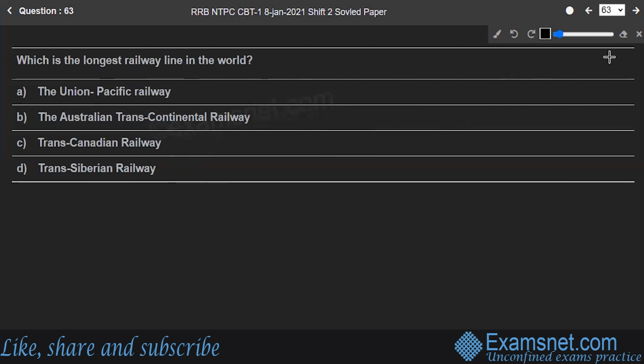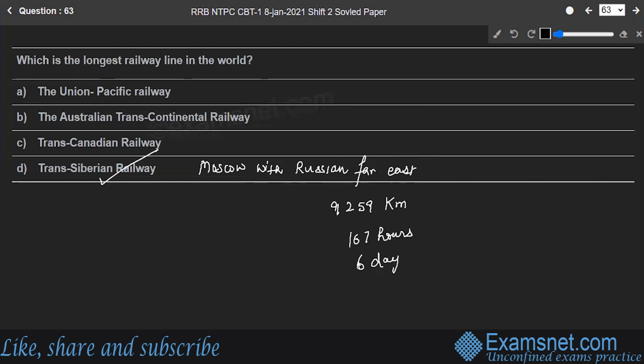Well, the longest railway line in the world is Trans-Siberian Railway. This railway connects Moscow with the Russian Far East. Its running distance is 9,259 kilometers. The journey takes 167 hours or 6 days to complete.